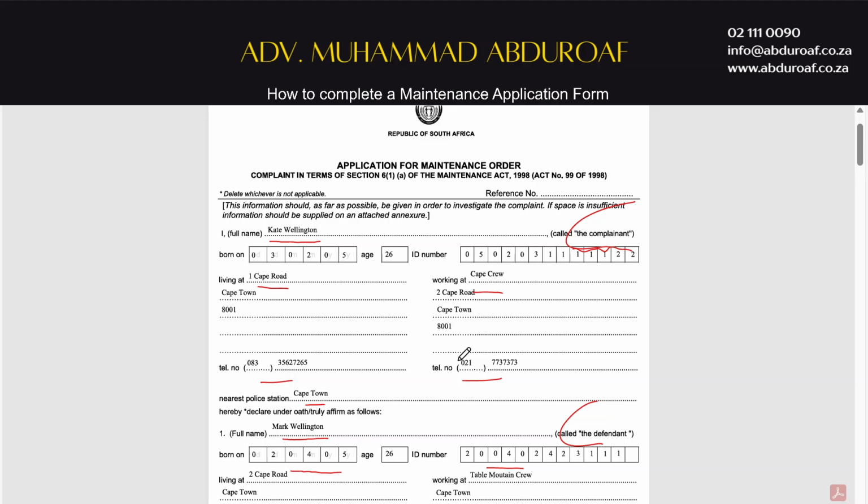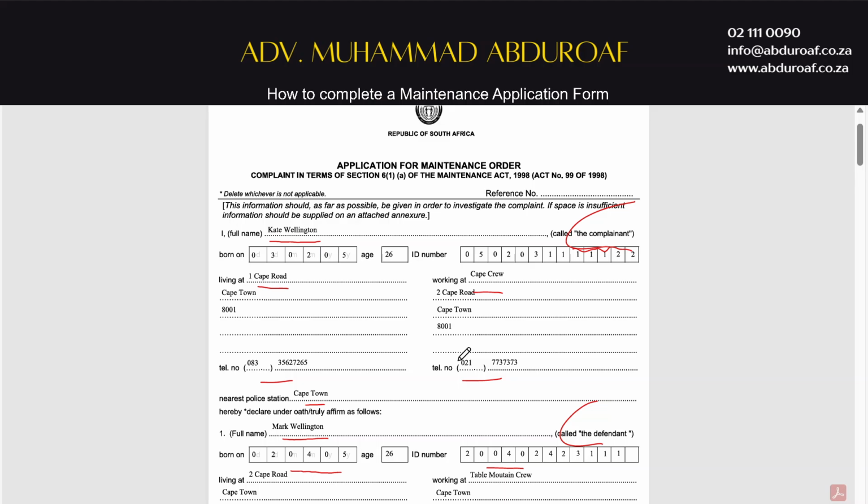Usually, before they do that, they ask the parties, do you want legal representation? And if you want legal representation, the matter might be postponed for that purposes. And once that is done, and the parties all have presented all the documentation and the matter is ready to proceed for trial, the magistrate will now have to deal with this matter.